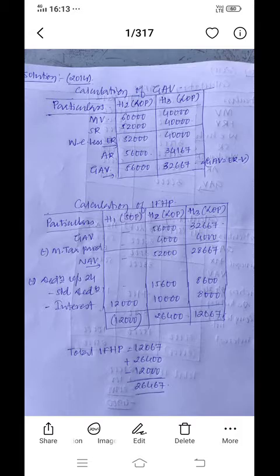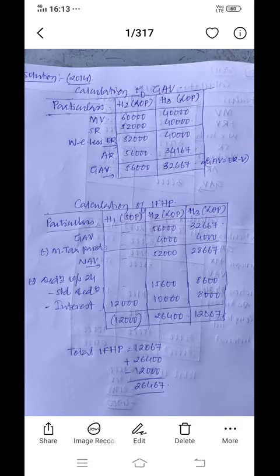While calculating GAV, the first step is gone here, because in the first step you get MV and FRV, but there is no FRV in the problem. So we come straight to the second step. Compare MV and SR, whichever is less is ER.